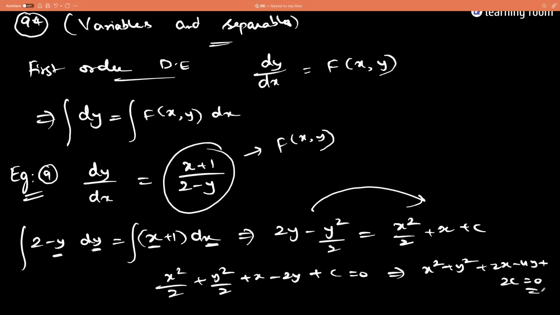Okay. So this 2c you can replace it with some other variable also. You can write it as k because it's an arbitrary constant. So this represents the equation of a circle basically.